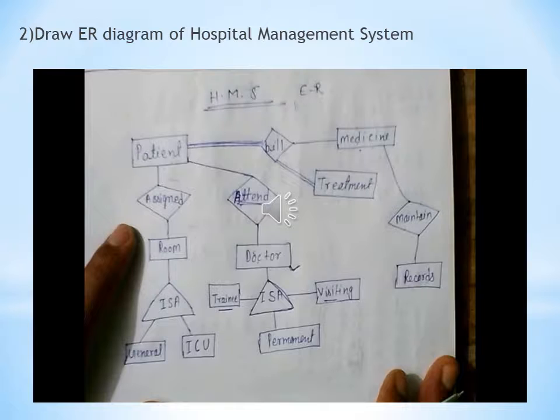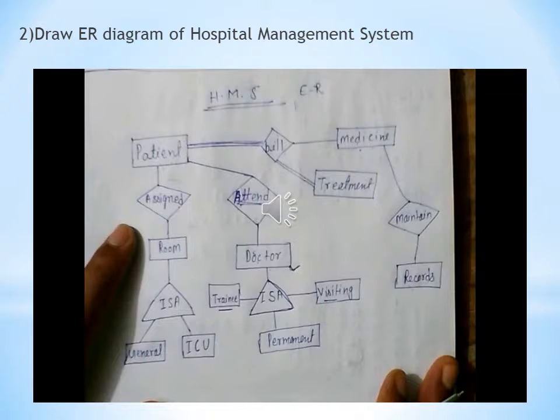Then the next symbol is the diamond, which represents the relationship between two entities. Then the second is the line, which links attributes to entity sets and entity sets to relationship sets.